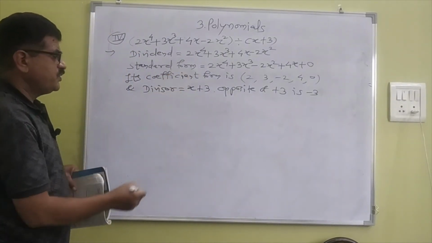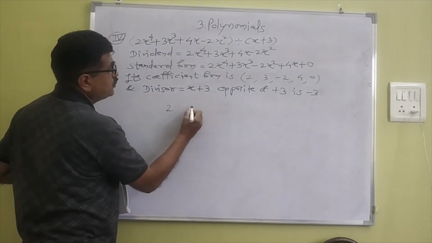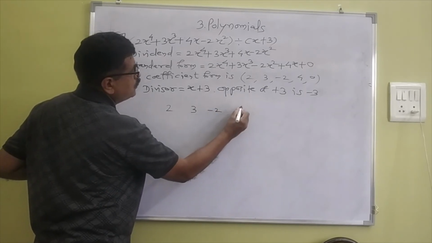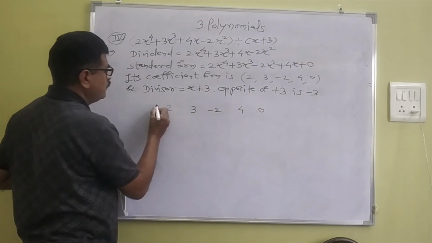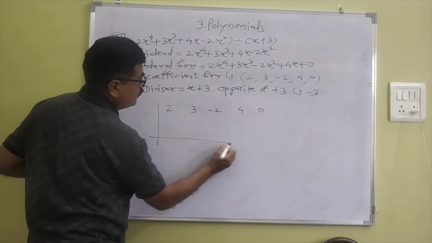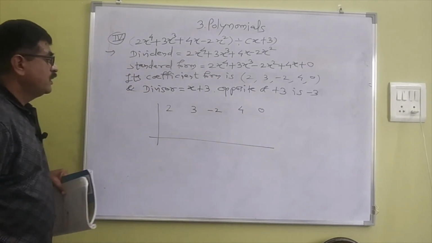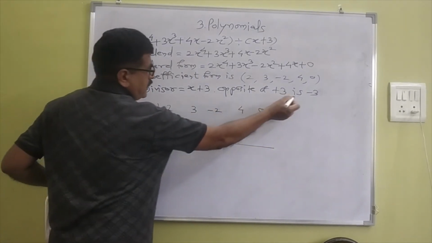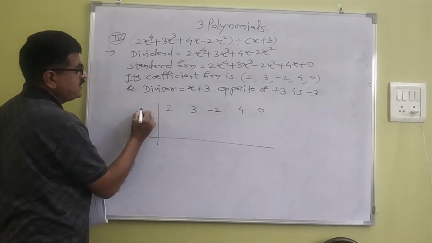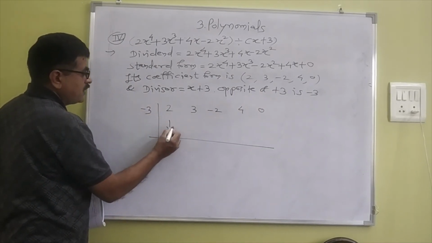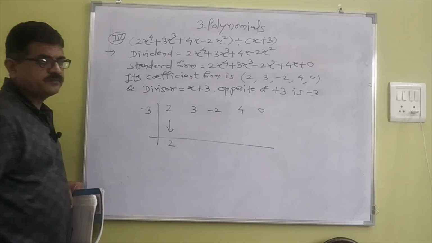Now write down coefficients 2, 3, minus 2, 4, 0. Now here take opposite of plus 3 is minus 3. Write down first 2 as it is.